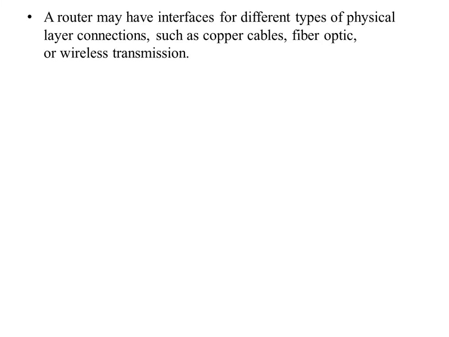Okay, so a router may have interfaces for different types of physical connections. You can connect through wired communication, fiber optic communication, or wireless communication. Just look around you: whatever Wi-Fi you are getting, or if you go to a multiplex or a railway station, you will get a Wi-Fi connection.